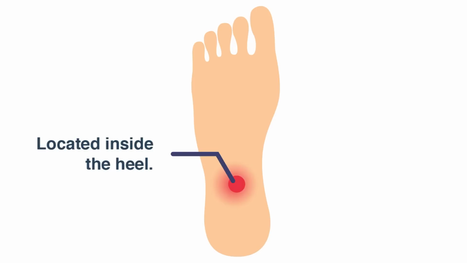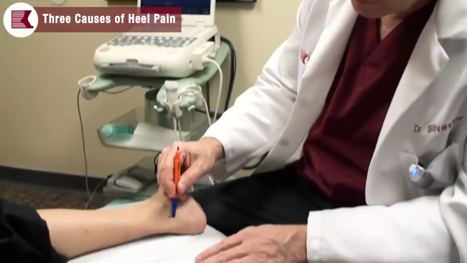Sometimes it can hurt a little further into the arch, but most of the time plantar fasciitis occurs right there on the inside of the heel, just past where the weight-bearing surface is, and maybe extending back to the weight-bearing surface.